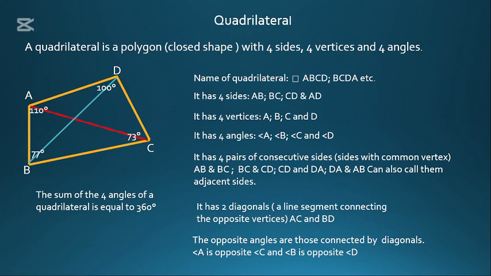Now the sum of the 4 angles of a quadrilateral is equal to 360 degrees. You can test this and you can add them all together and you will get 360 degrees. So remember this property, the sum of the 4 angles of a quadrilateral is equal to 360 degrees.